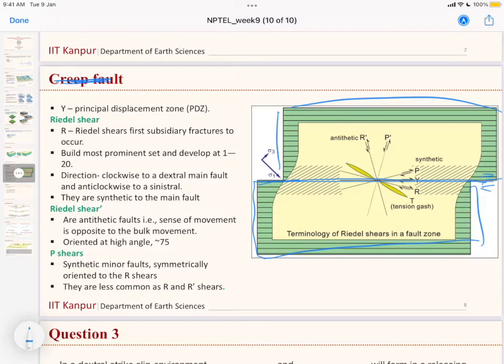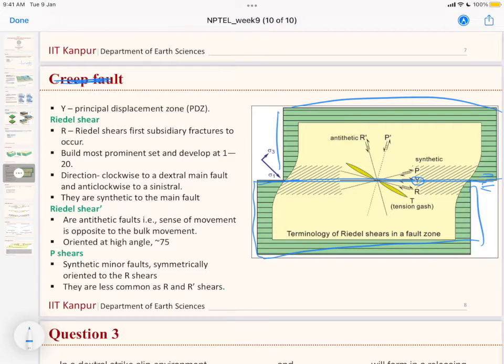Now I'll mark that principal displacement direction as Y, which is written over here in this figure. Now what happens is that whenever shear stress is applied, these conjugate shear fractures form. And what are these conjugate shear fractures?